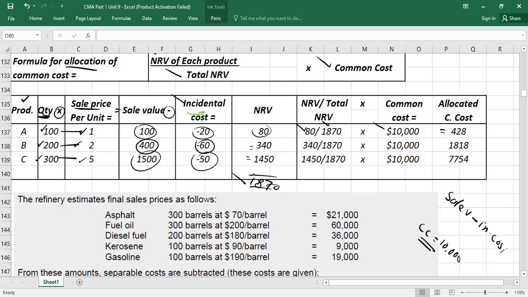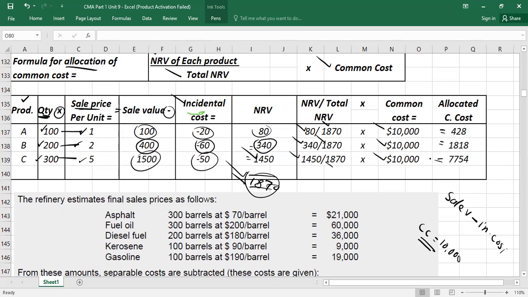If I want to do calculation for product B, I'll take NRV of product B, which is 340, divided by total NRV, which is 1870, and multiply by common cost. So you will get cost to be allocated to which product? Product B. If we want to do for the product C, guys, I'll take NRV product C, which is 1450, divided by total NRV, which is 1870, multiply by common cost.